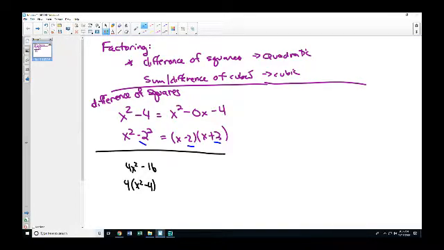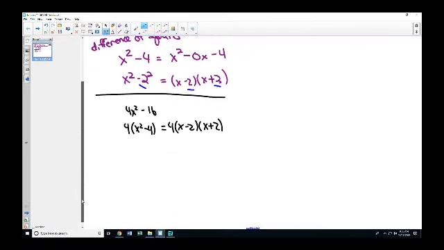And what's our factored form? Same as up here, right? That was not my intent, but that's okay. Yeah, that's probably the best way to do it. So, well done. Okay, let's try a different one.